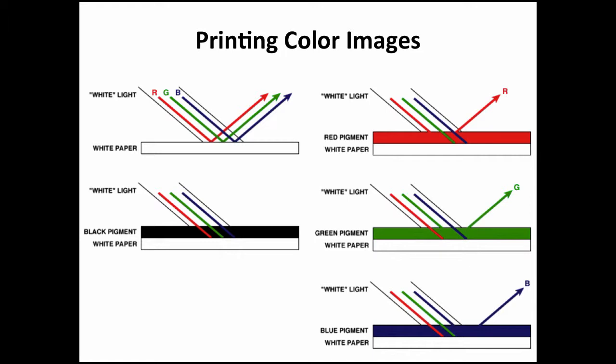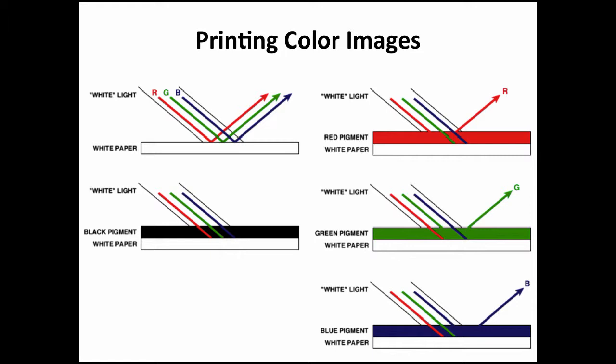When that same beam of white light strikes black pigment that's printed on the surface of the paper, the chemicals in the black pigment absorb all of those wavelengths of light, reflecting essentially nothing back towards the eye, so the image appears black. Various colored pigments absorb certain wavelengths of light and reflect others.